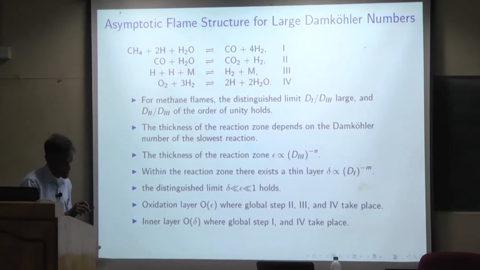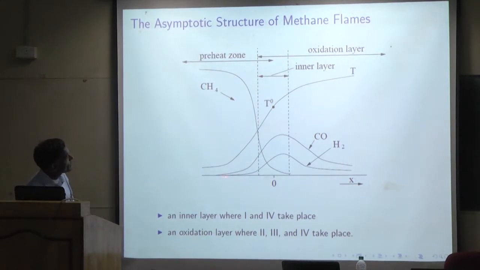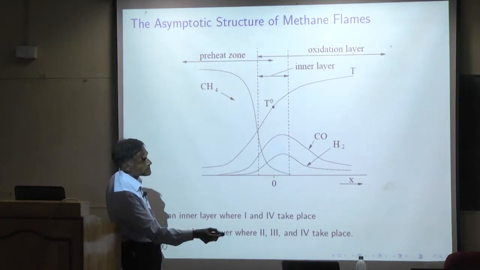Now the rest is, as I said, all mathematics. So here is the structure I just talked about. You can see the preheat zone is of order unity, and then you have a thin inner layer. This inner layer, which I will call delta, is the fuel consumption layer.